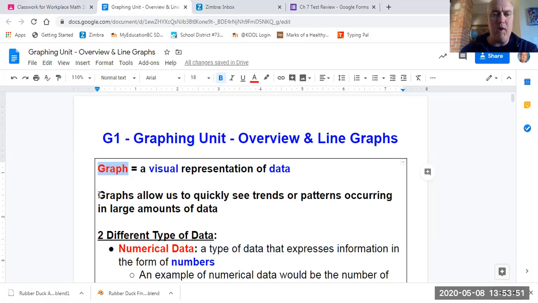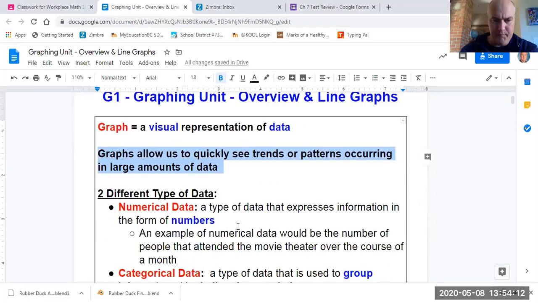We have all probably seen a list of numbers that don't make a whole lot of sense to us, or that's just overwhelming, how many numbers and what does it all mean? Well, graphs allow us to quickly see trends or patterns occurring in large amounts of data or numbers. So it can be very useful for us, and we oftentimes will use graphs to try and explain or show trends in numbers we see.